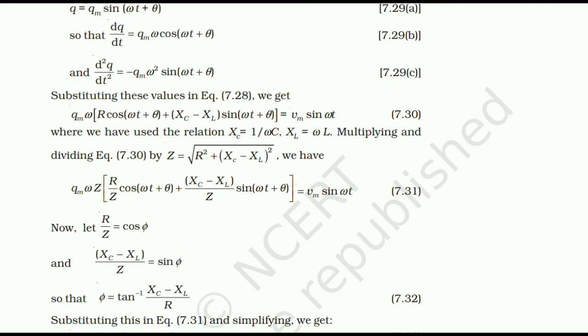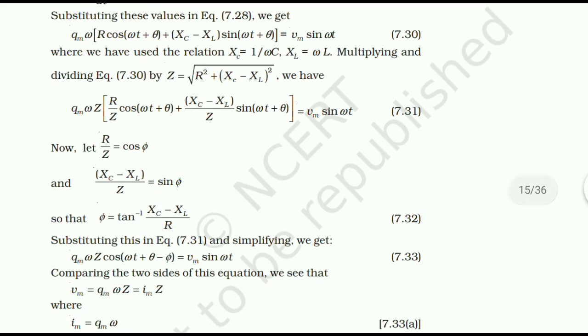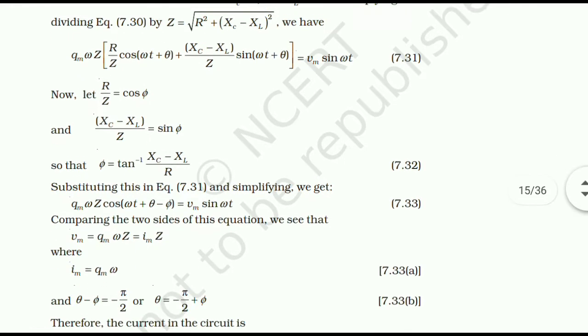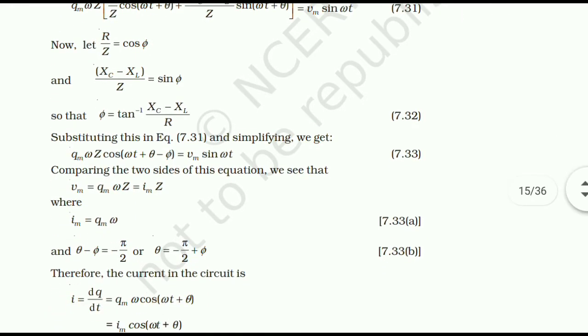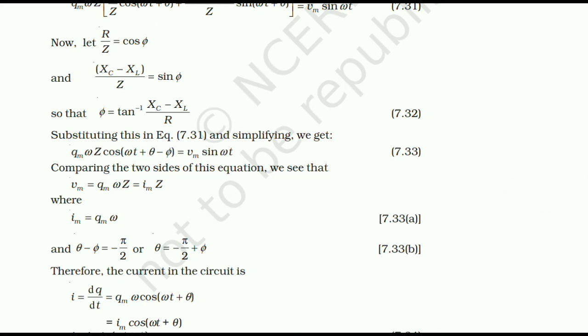Now let R/Z be equal to cos phi and (Xc minus XL)/Z be equal to sin phi, so that phi equals tan inverse (Xc minus XL)/R. Substituting this, we get qm omega Z cos(omega t plus theta minus phi) is equal to Vm sin omega t. Thus, we can see that Vm equals qm omega Z, which is equal to Im Z, where Im is equal to qm omega, and theta minus phi is equal to minus pi by 2, or theta is equal to minus pi by 2 plus phi.